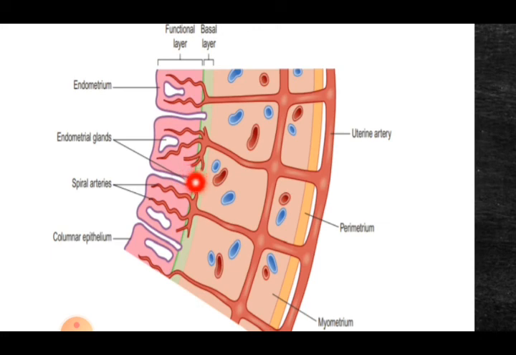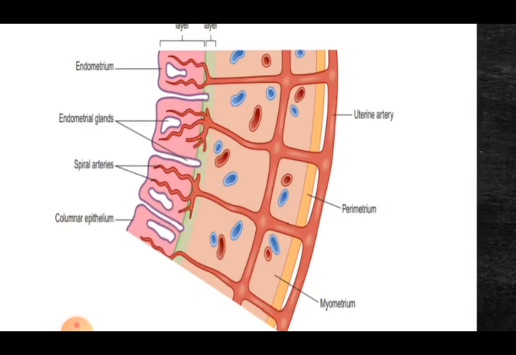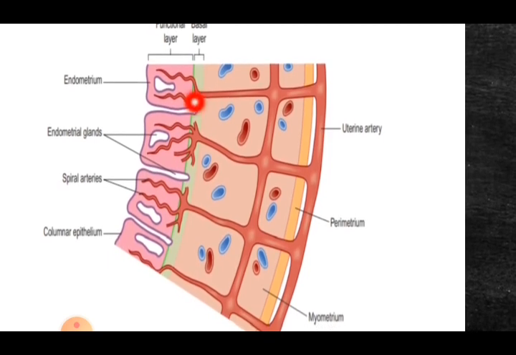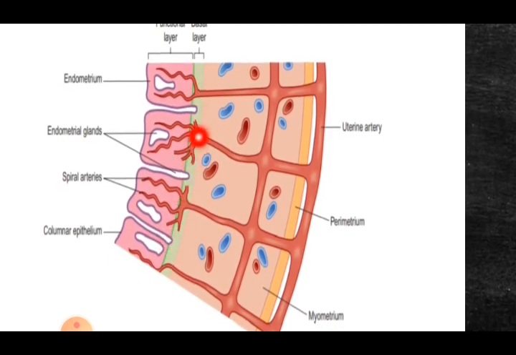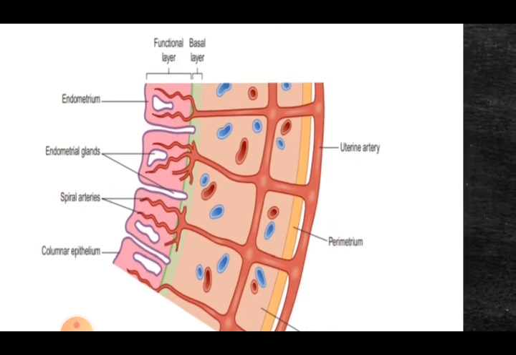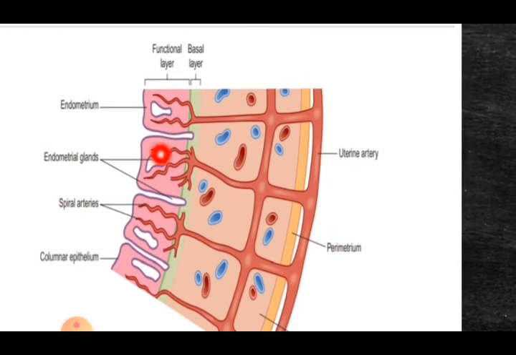The endometrium is further divided into two layers, and this green zone here is the basal layer. This layer will remain the same. This is the layer that will not change during menstruation, and it will remain the same, while the functional layer, that is another layer of the endometrium, will go through the changes during the menstruation cycle.